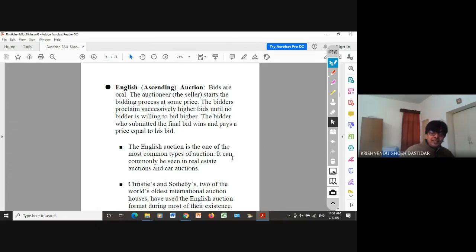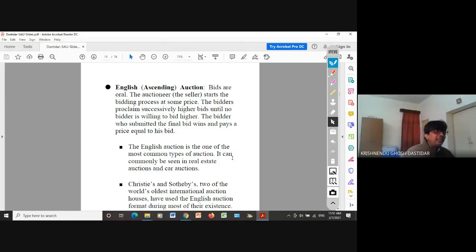This is an auction you often see in movies. Somebody bids 100 crores, then the other person comes and says, okay, I'll bid 125. Somebody says 150, and it goes on like this till there is a highest bidder at the top and nobody outquotes his bid. Now, the English auction is extremely common.